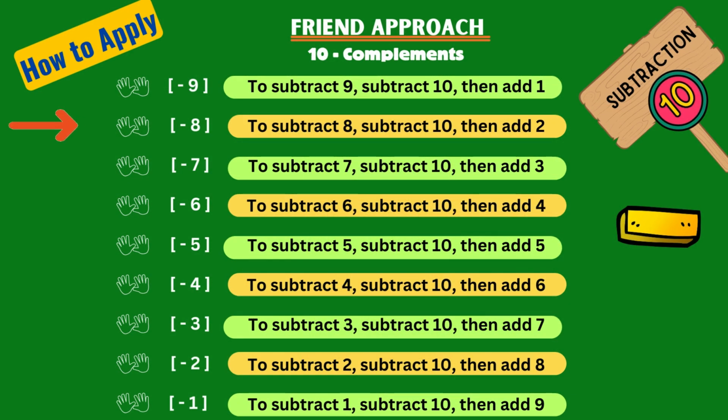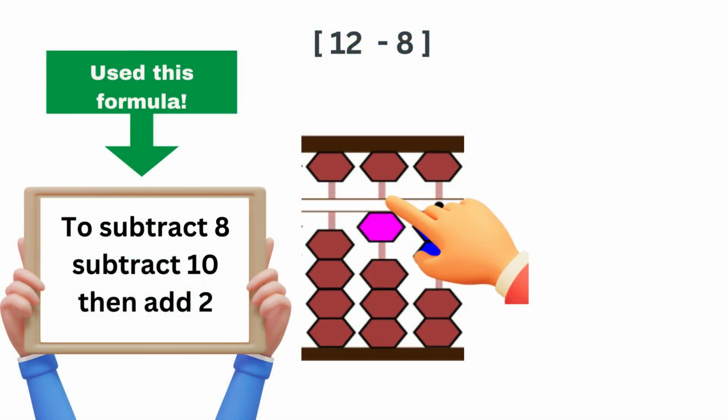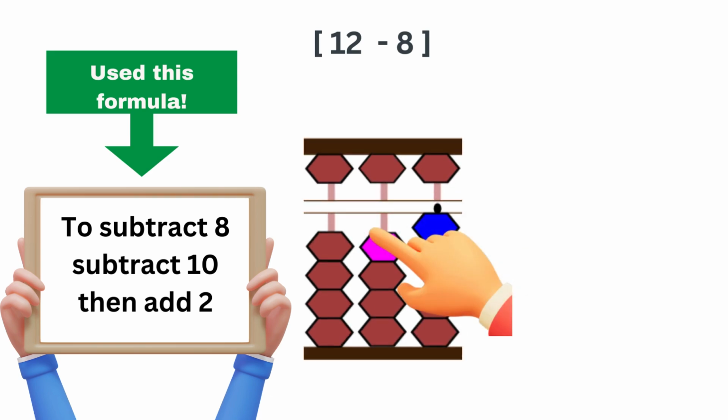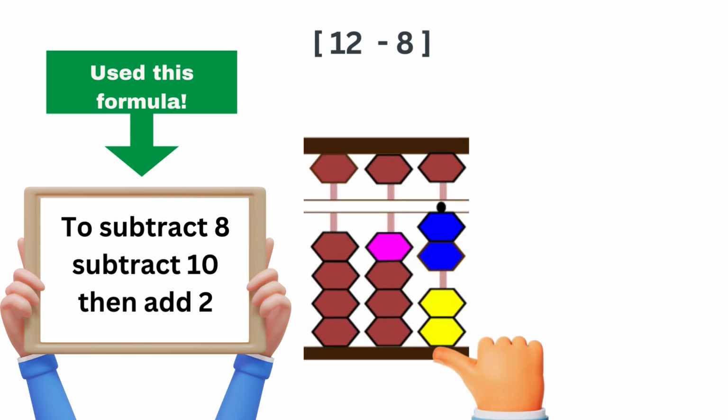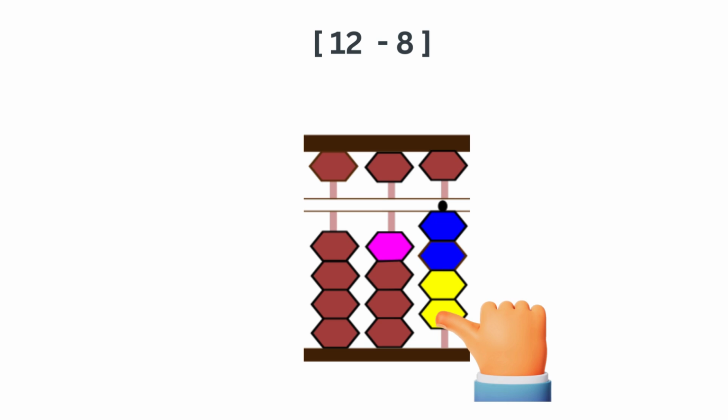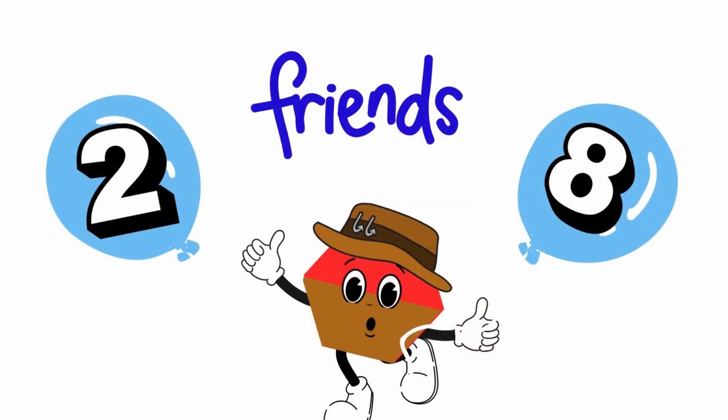The formula for subtraction here is, to subtract 8, we subtract 10 and then add 2. In the tens column, we subtract 10, then add 2 in the ones column. Remember, 2 and 8 are complementary pairs.